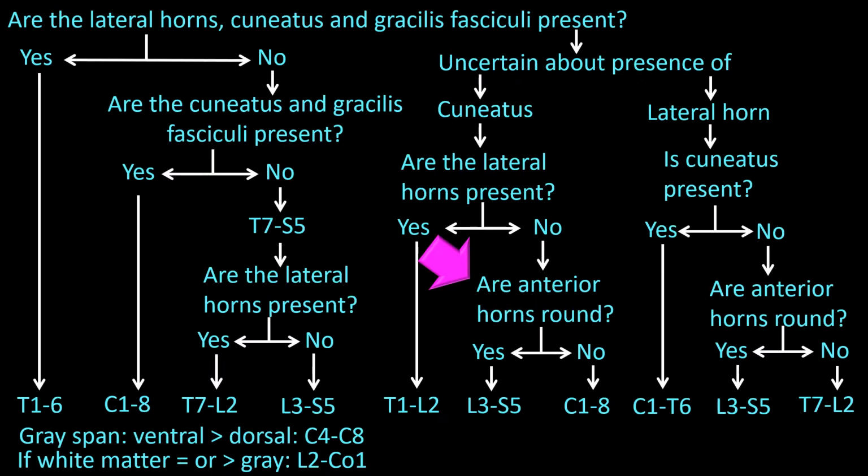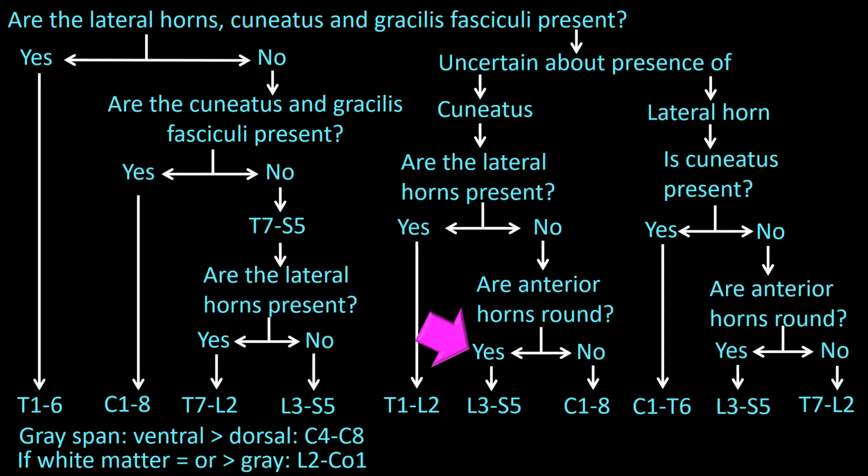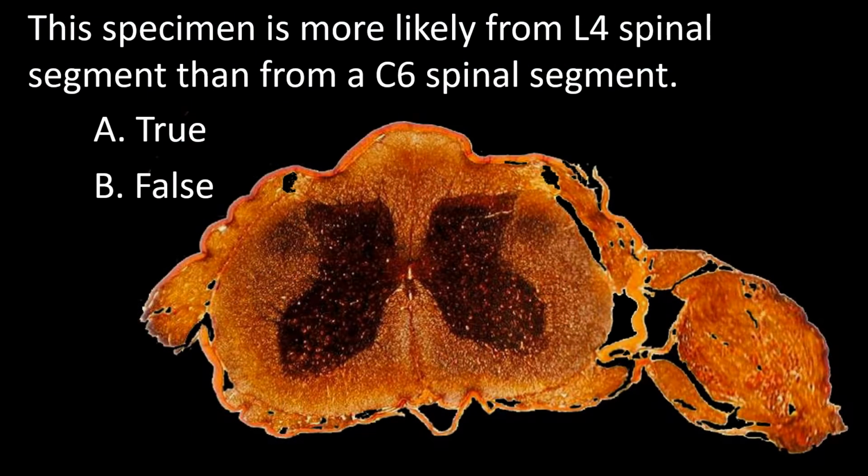This should be followed by another question, and that question is if the shape of the anterior horns is round. And as you can see, they are. So the answer is yes, they are round. So the specimen is likely to be from L3 to S5. So the answer to this question is A.